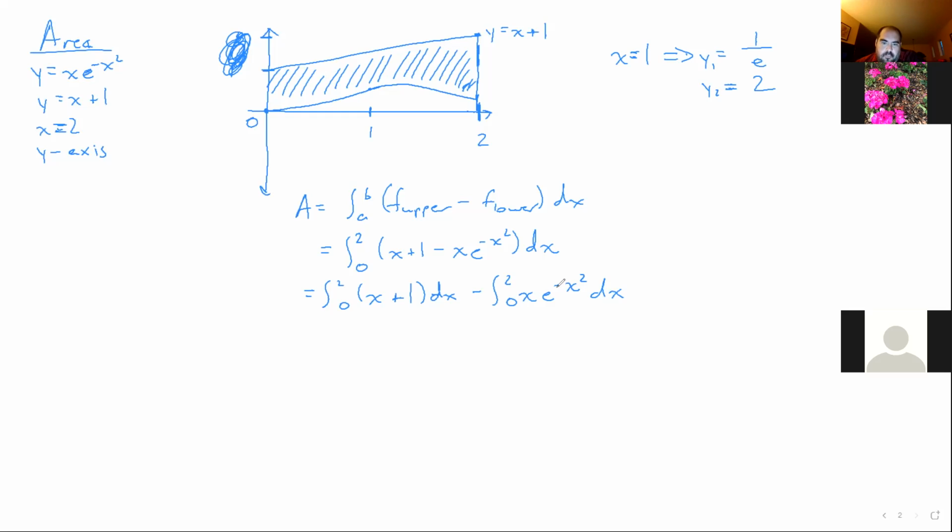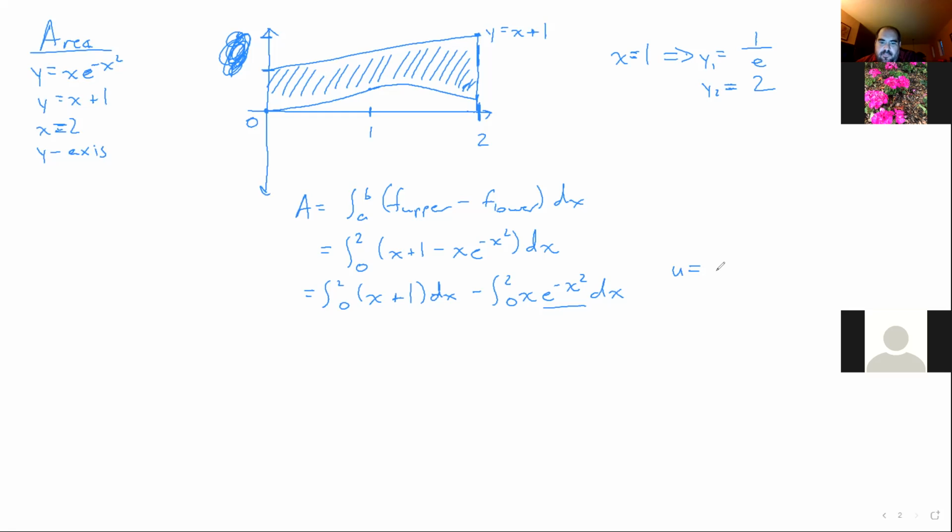Then you can go either integration by parts or substitution. I'm going to go substitution. Integration by parts won't work, because you would want to differentiate x, which means you would have to integrate e to the negative x squared, which can't be done.